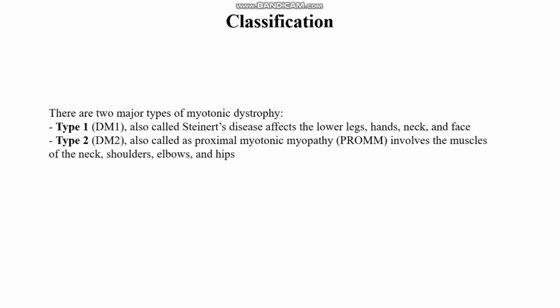There are two major types of myotonic dystrophy, type 1 and type 2, and the two types may affect different muscles. Their signs and symptoms overlap, although type 2 tends to be milder than type 1. Type 1 myotonic dystrophy, also known as Steinert disease, has a severe congenital form, a milder childhood onset form, as well as an adult onset form.